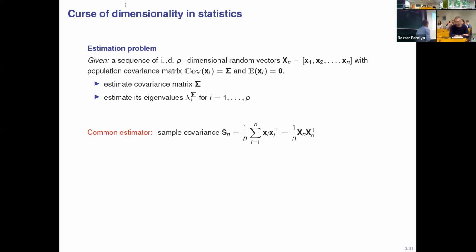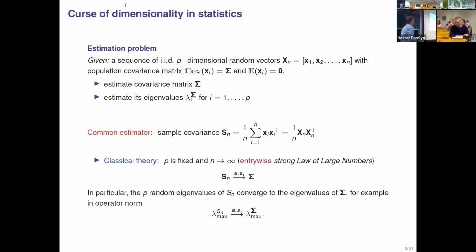And what you do in practice, you replace it by the sample covariance. Most of the times you're happy, but in high-dimensional statistics, you're not. I will show you in a few seconds why you're not. All right, so why are you happy in classical statistics?